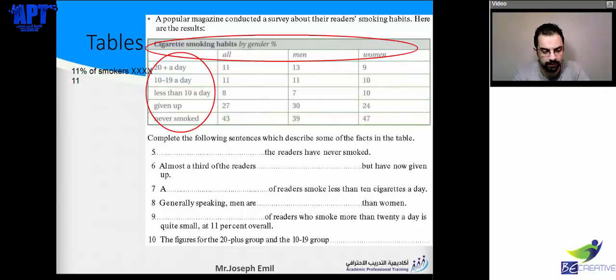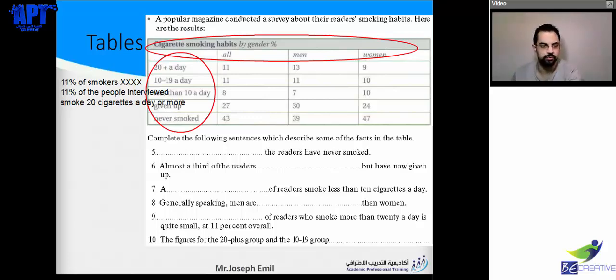It's 11% of the people interviewed who smoke 20 cigarettes a day or more. This is exactly the type of information you are asked to find out. So 11% of the people interviewed, not the smokers. I'm just going to remove this.